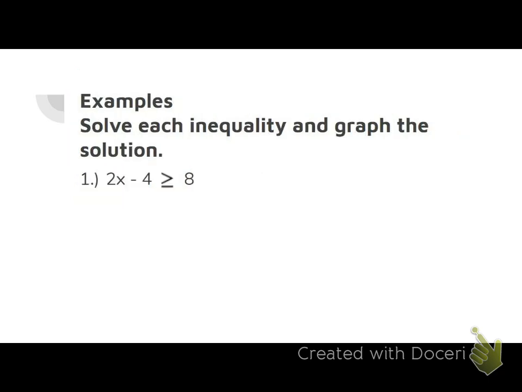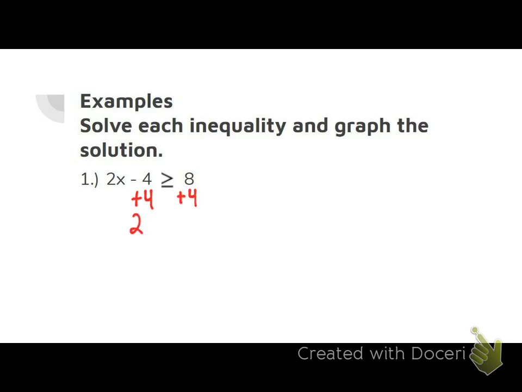All right, so in our examples, we are going to solve the inequality and graph the solution. So we also have to remember our graphing rules from last week. First, let's solve it. Add 4. Okay, to get x alone, we must add 4 on both sides of that symbol.